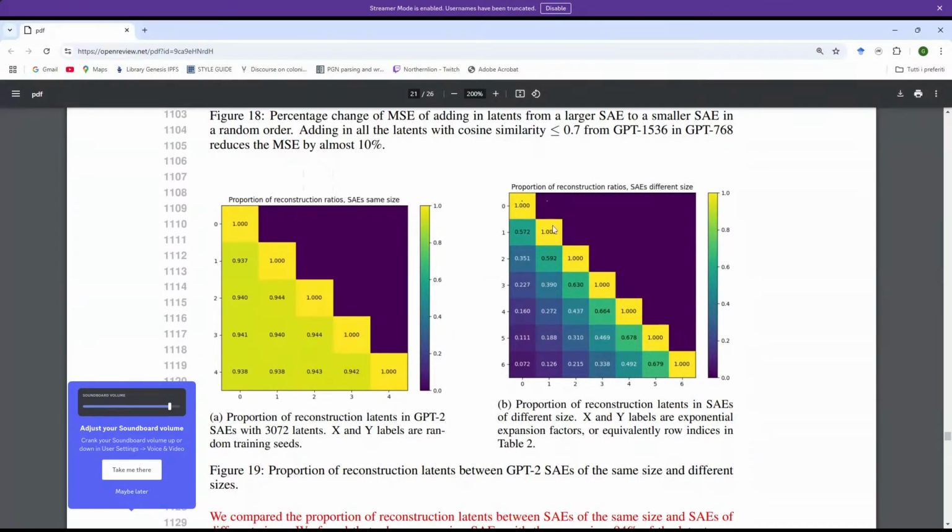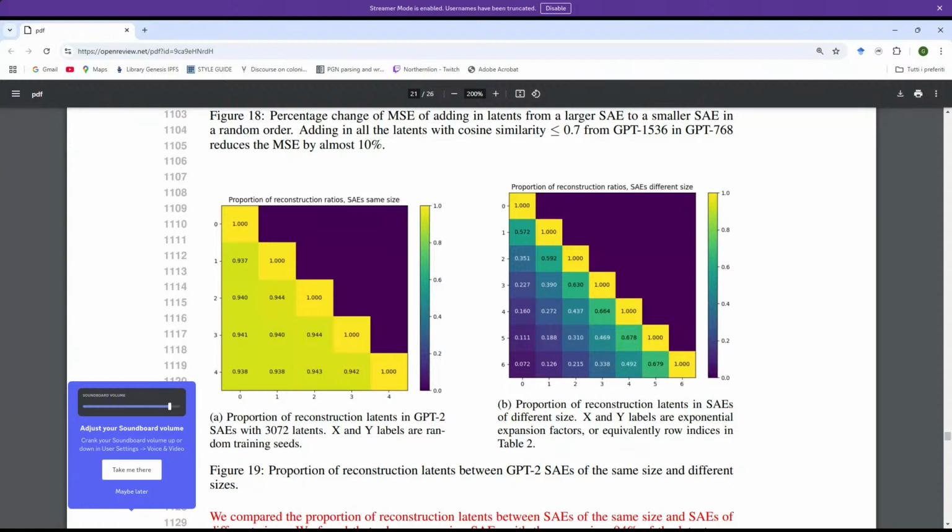When they double the size, they find that close to 50% of latents are new when they go from a small size to a slightly bigger size. But interestingly, when they go from a big SAE to double that SAE, the fraction of new latents is smaller, only like 23% of latents are new between these two SAEs.